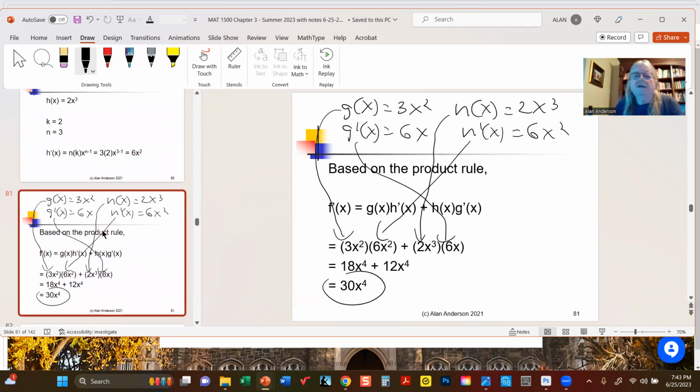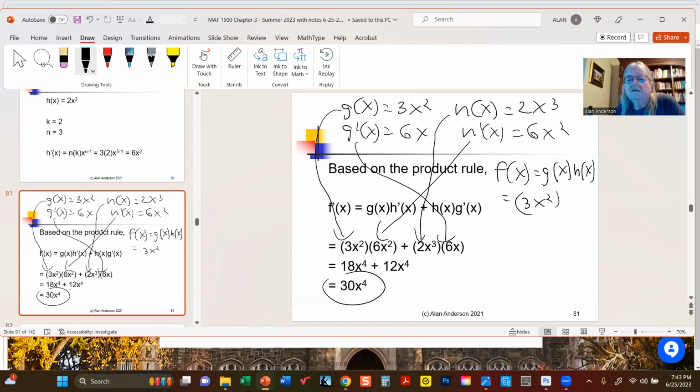Now, what if we had done this? Maybe this isn't necessary. If you multiply these out in the first place, you would have had 6x to the fifth, and remember, think of this as kx to the n.